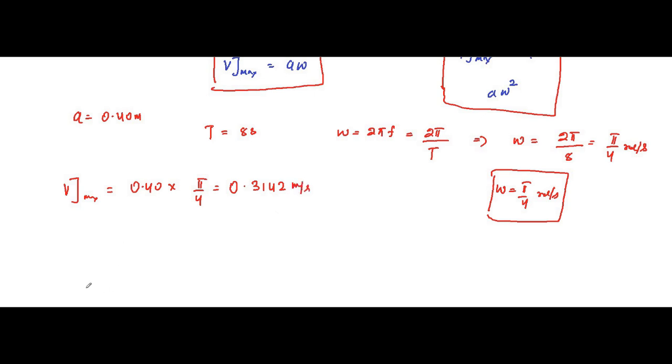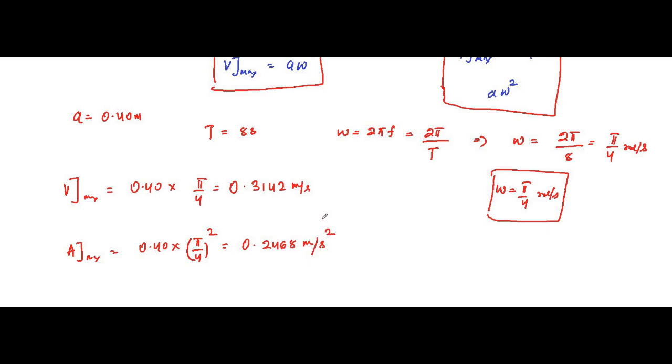And the maximum acceleration, magnitude wise only, is a omega square, so it is 0.40 into omega square, which is pi by 4 whole square. So it is coming around 0.2468 meters per second square.